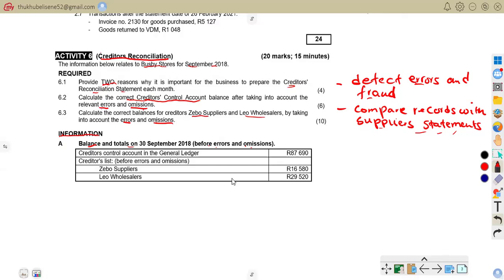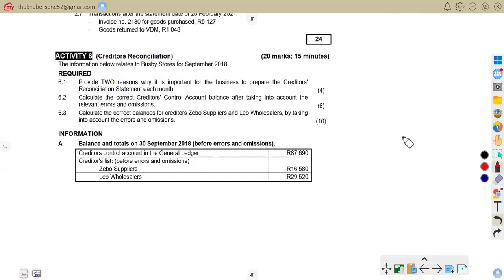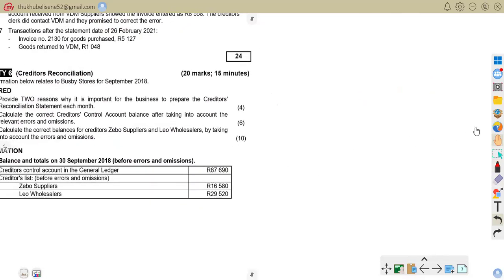So in 6.2, we are to look at the creditors control account, and we are first going to start with the starting balance.